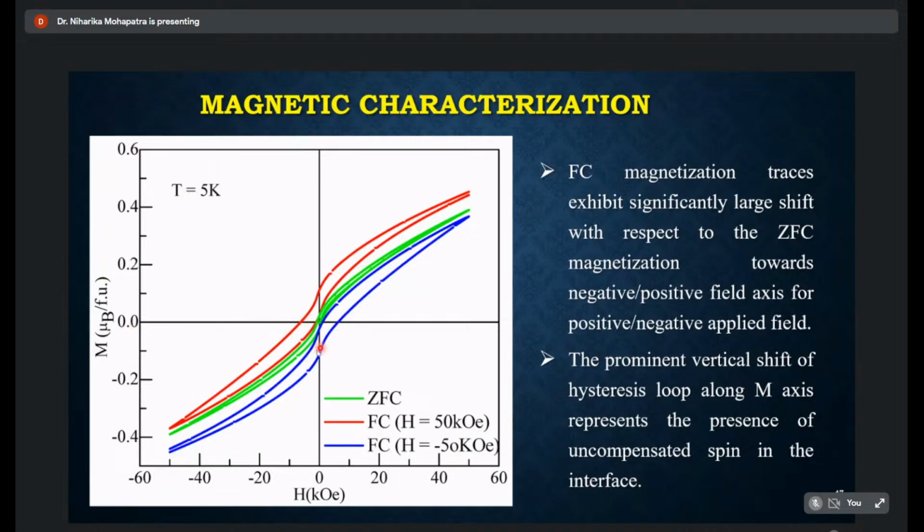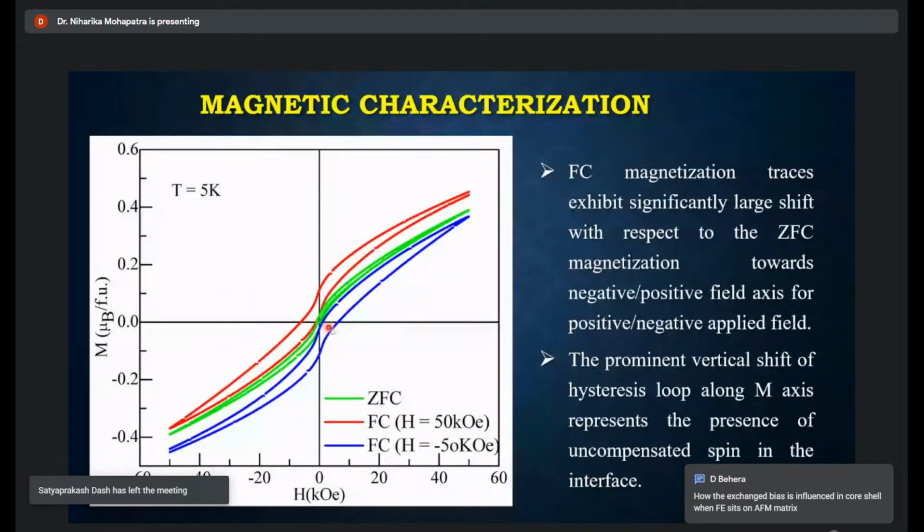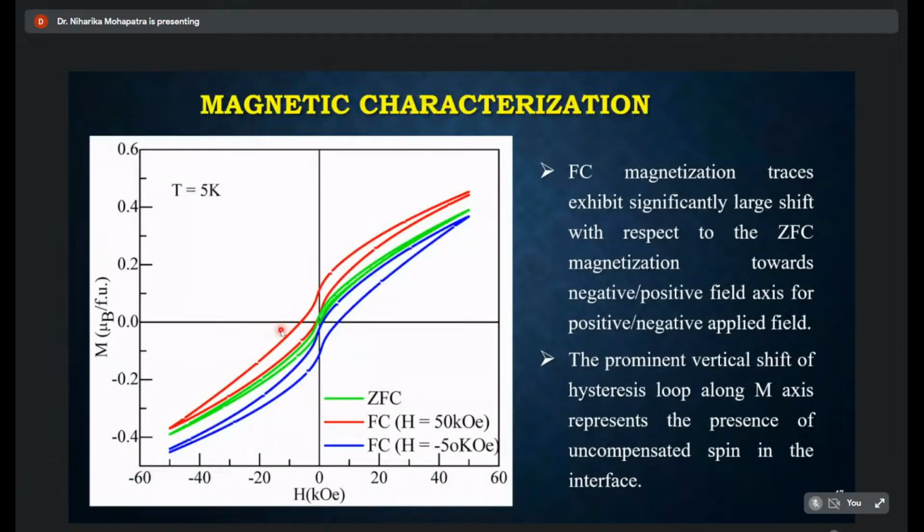This is one of the signatures of the exchange bias effect. Then to further confirm this, we applied a negative field, and it shifted towards the positive field axis. This is a typical characteristic of an exchange coupled bimagnetic system.